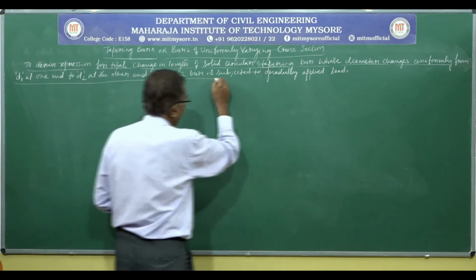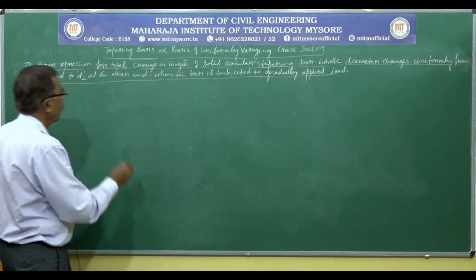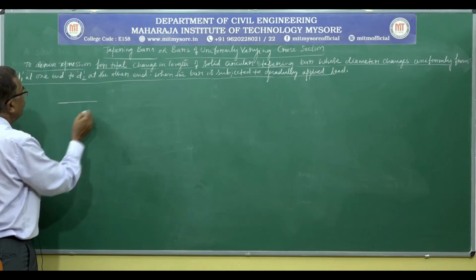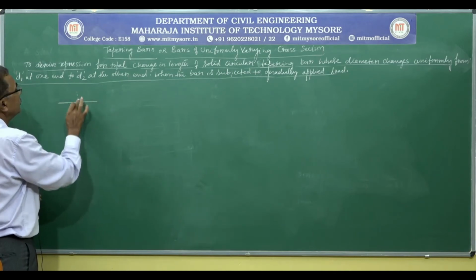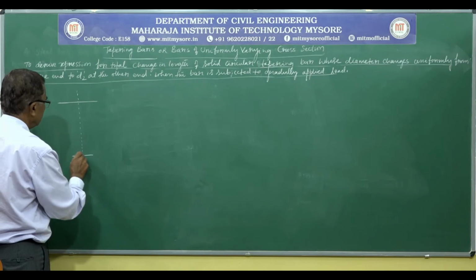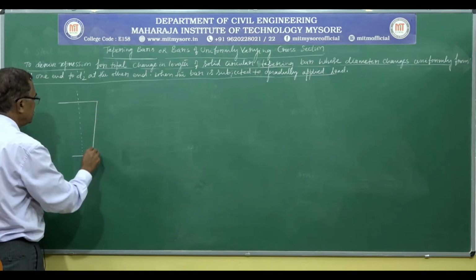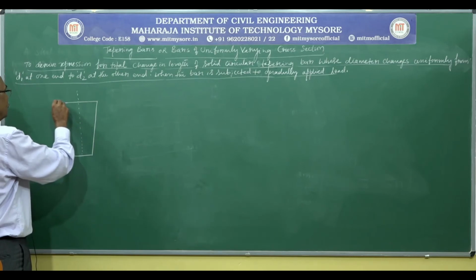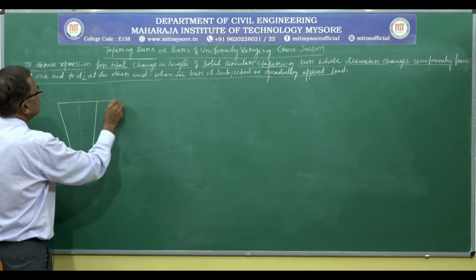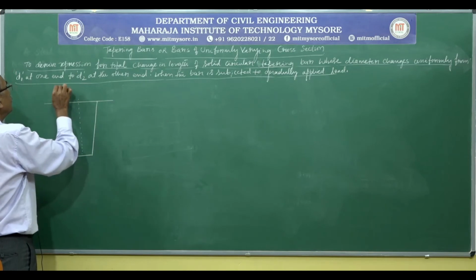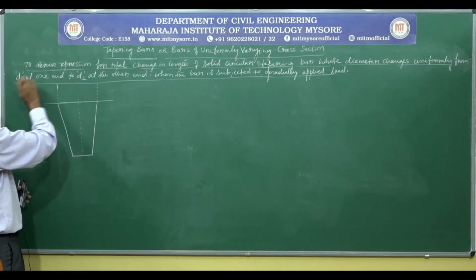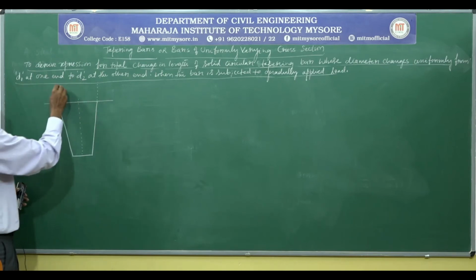Now, let us consider a solid circular tapering bar. Let small d1, it may be capital D1 also, whose diameter varies from d1 to d2.